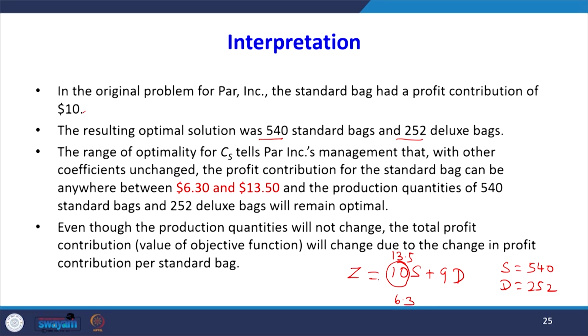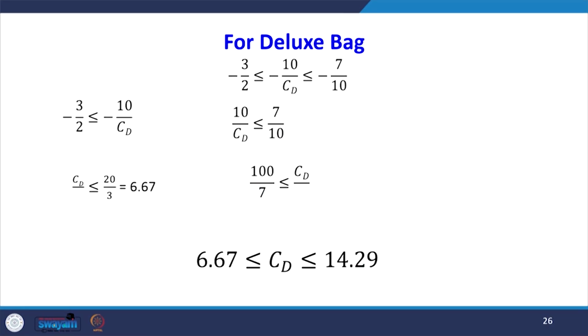So, that is the range of optimality for standard bags. Similarly, we can find the range of optimality for the deluxe bag also. That is what we have done here, with the same equations. Here, CS by CD, I have substituted the CS value equal to 10 because our objective function is 10S plus 9D.